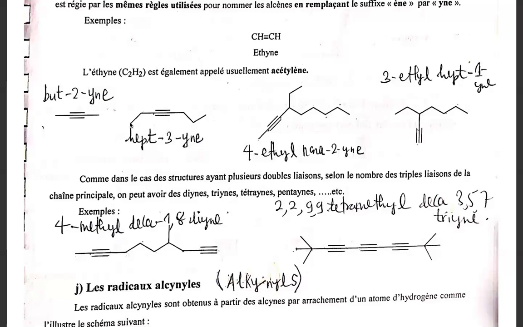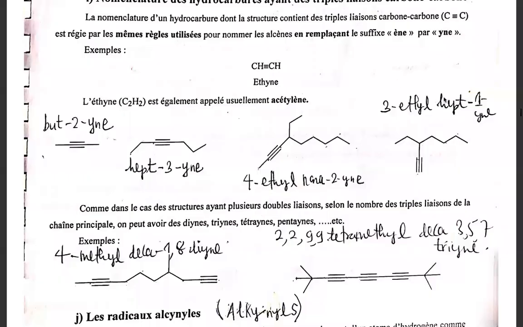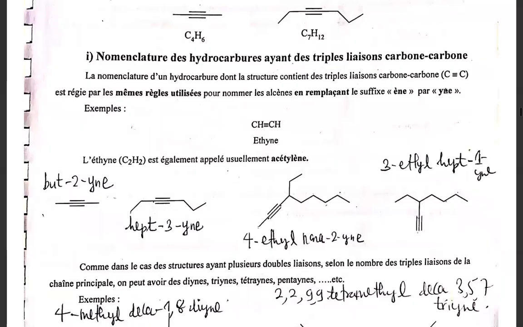And how many carbon atoms do we have here? We said we have 7. So the prefix for 7 carbon atoms is called hepta. It's called hepta, and the triple liaison is at position number 3, and our terminaison suffix will be YNE.